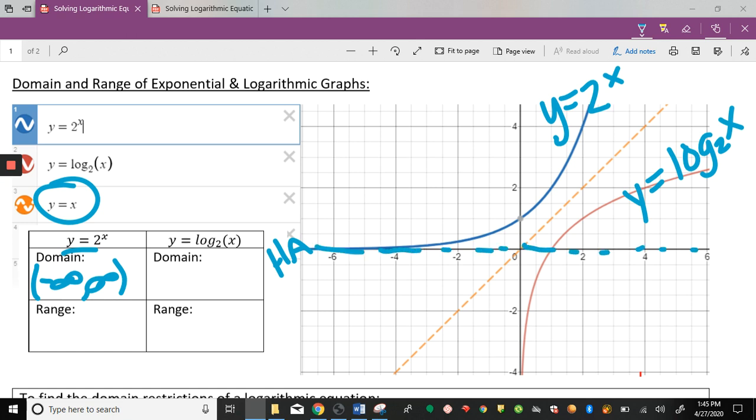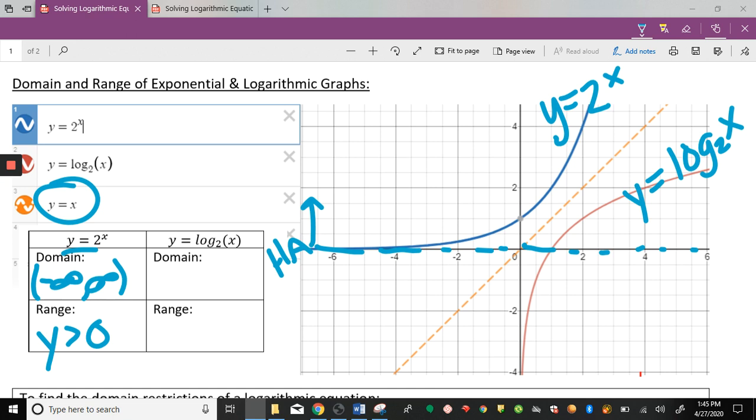We kind of do a dotted line there. Your exponential won't cross that line unless we've shifted the graph in some way, shape, or form. So the way we would describe that range, we use y. It's not going to reach 0, and it's going to be above that. We go up, so y is greater than 0.